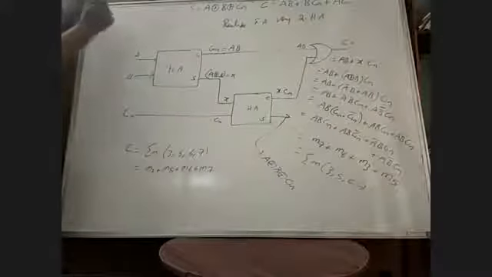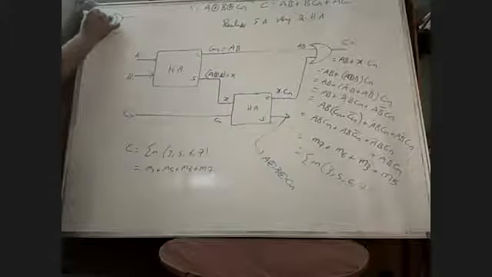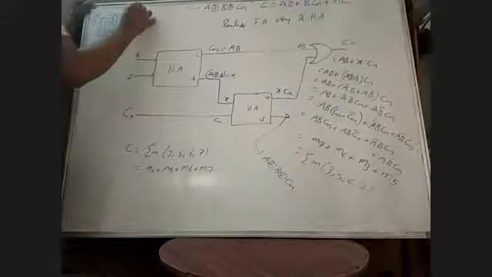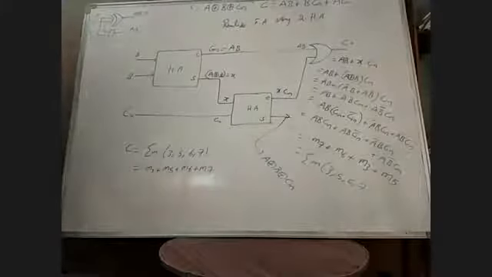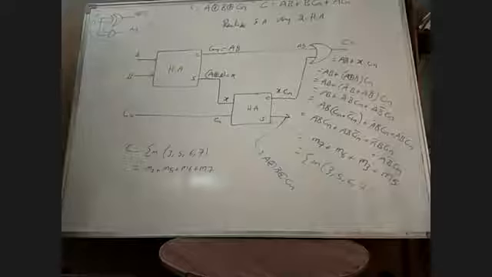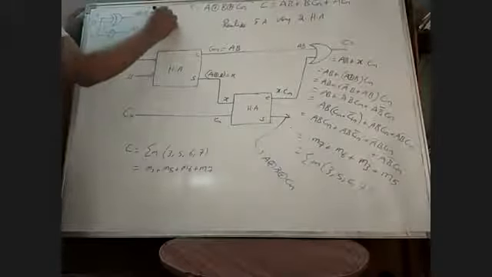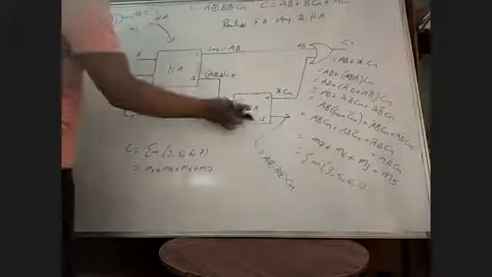This is one XOR gate, one AND gate. Inputs are A, B, A, B. This is your A exclusive or B, and this is AB. This is your half adder. That is, in place of this half adder, I can substitute here this half adder, and this half adder I can substitute here now.